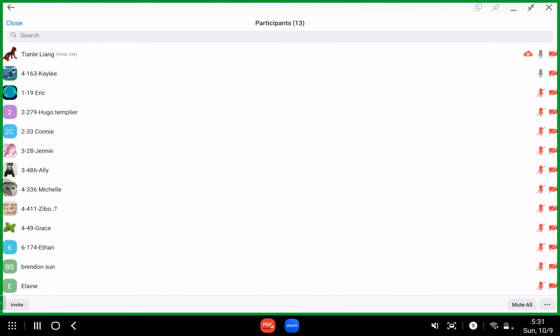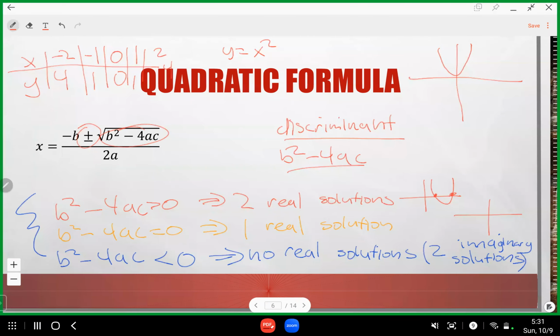How about Ethan? Could you help me on this? Are you up for the task? Can I skip? All right. Ethan, my question for you is: if there's only one real solution, what would the parabola for this particular quadratic look like?